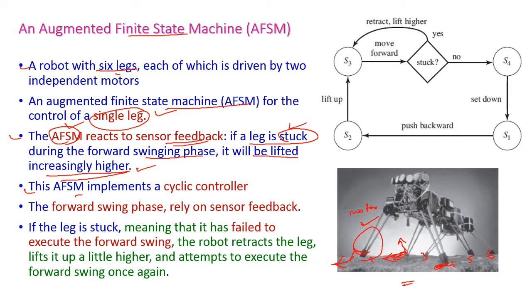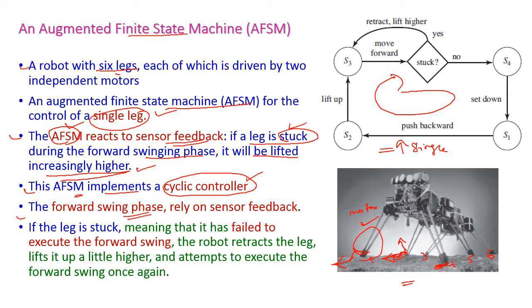So the AFSM implements a cyclic controller. Okay, see, this is the finite state machine for a robot with 6 legs, and this will control only a single leg. This is a cyclic controller. Okay, the forward swing phase relies on sensor feedback. So based on the sensor feedback only, the forward swing will take place.